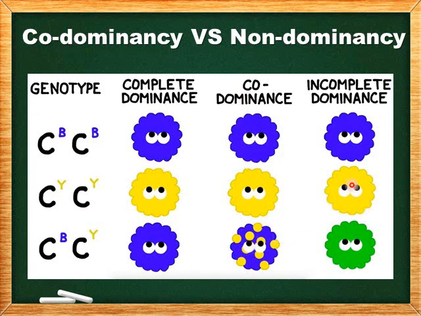However, in this case, when the blue allele and the yellow allele are carried at the same time, and the genotype is CBCY, it is a new phenotype. It is a third new phenotype, intermediate between the blue and the yellow. So it is the case of incomplete dominancy or non-dominancy.